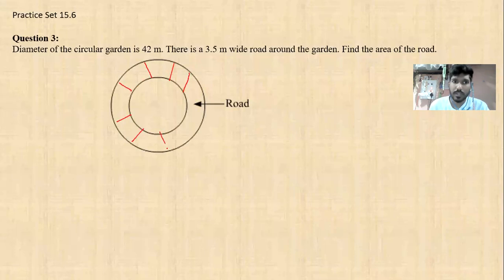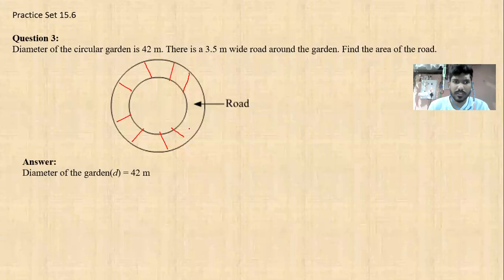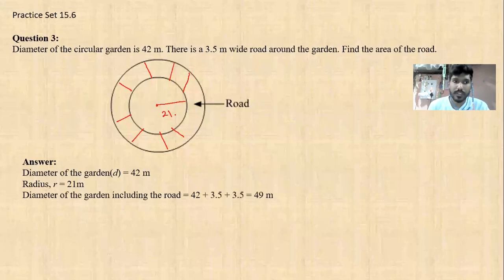So we found out two things. We found out the area of the smaller circle, and the area of the bigger circle. The diameter of the garden, 42, was given in the question. Radius of the smaller circle will be 21. Diameter is not needed.